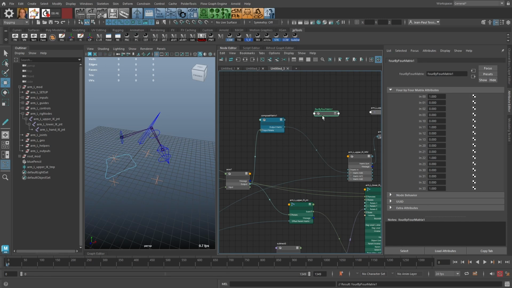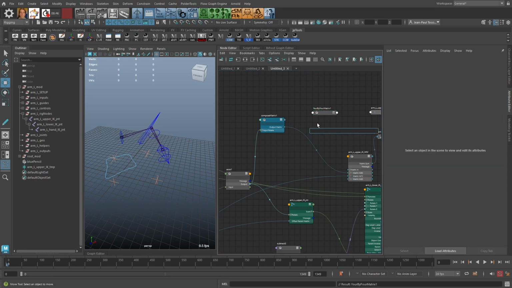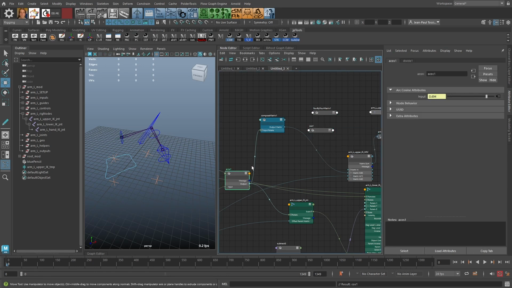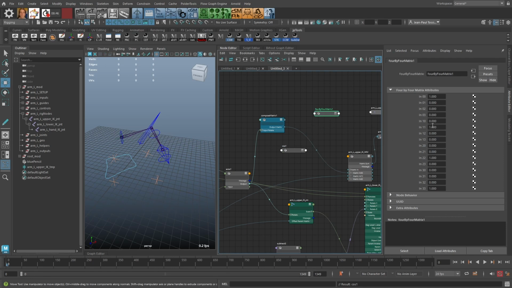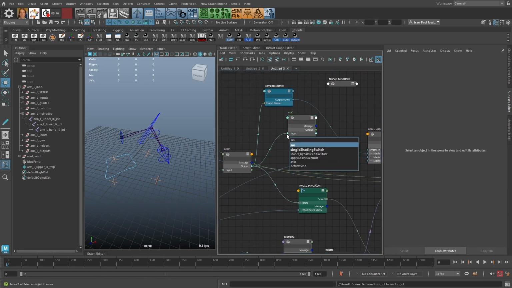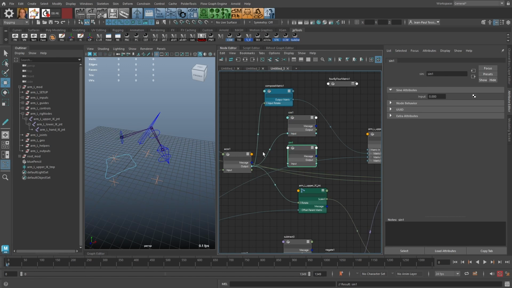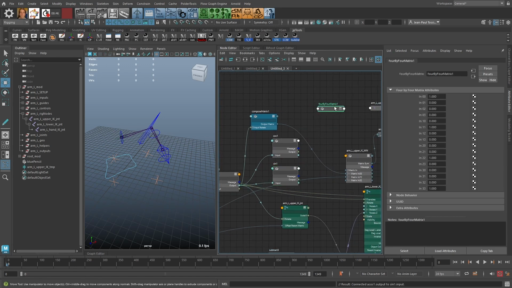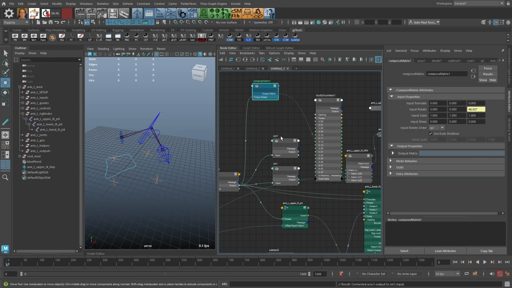And if you remember correctly, we can use the cosine and sine of the angle that we created to drive the 4x4 matrix basis vector values. So if we take the cosine of the angle, and we also make a sine, we plug the angle into the sine, then show all the inputs of the 4x4 matrix.